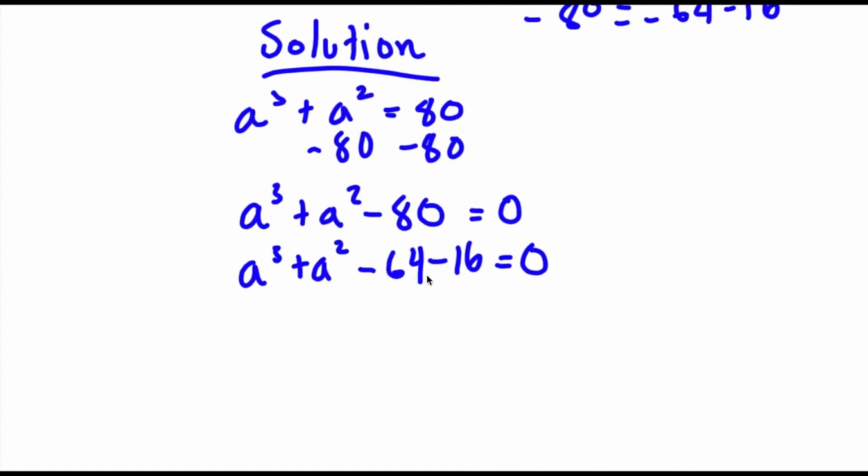Now I'm going to individually factor these out. So a to the power of 3 and negative 64, I'm going to move these together. So now I have a to the power of 3 minus 64 plus a squared minus 16 is equal to 0.